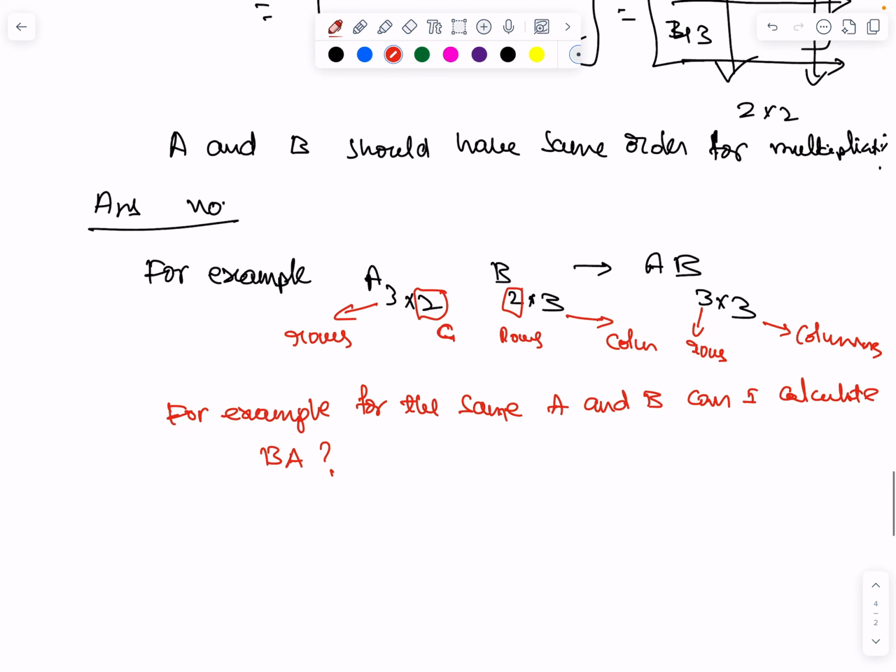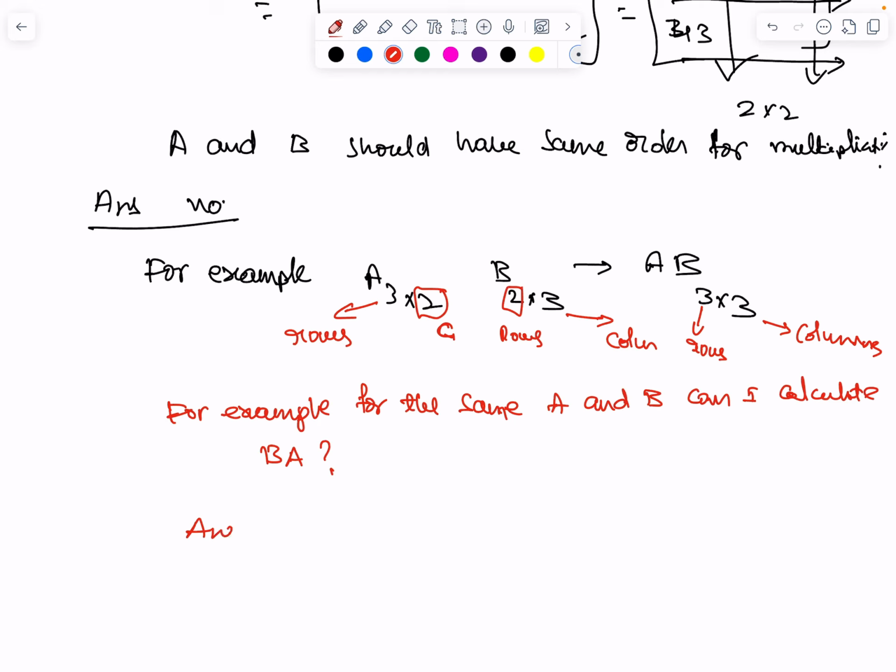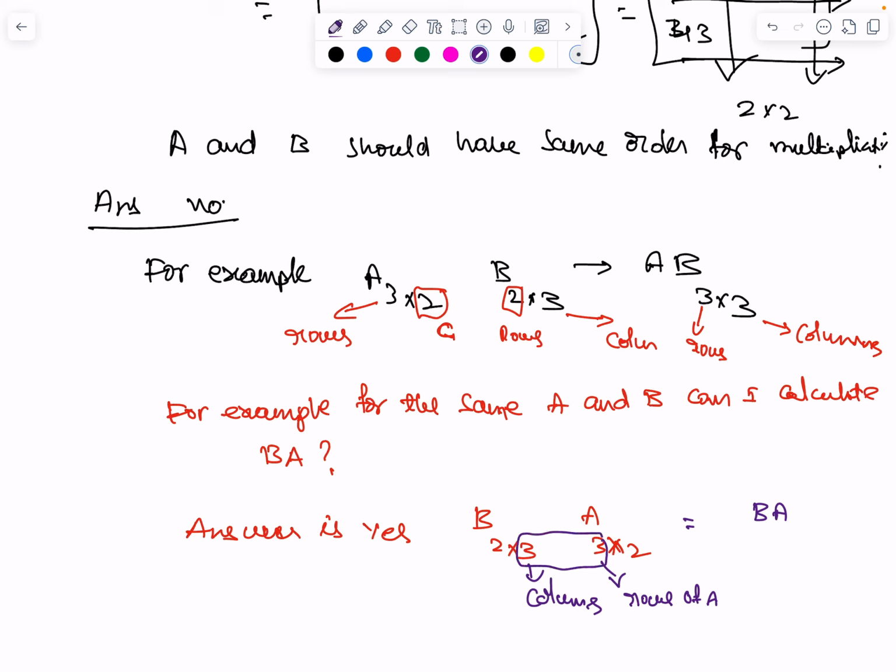Answer is yes, because B is a 2 by 3 matrix, A is a 3 by 2 matrix. Now you can see the columns of B are matching with the rows of A. So the output BA is, these two are actually merging and then giving a 2 by 2 matrix. You can check that.